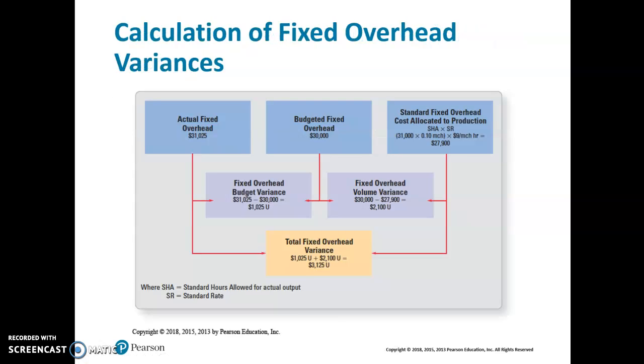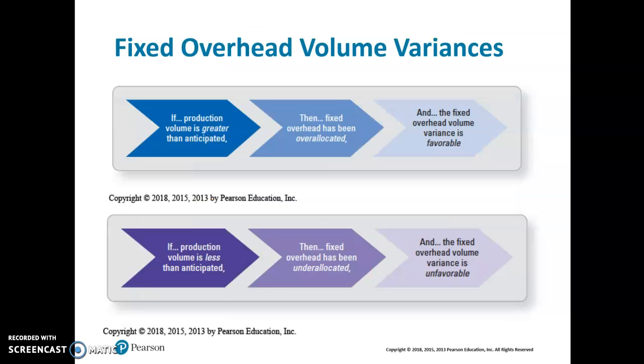Okay, this chart again summarizes where you are. And this is another good way to look at this: if the production volume is greater than you thought it was going to be, then fixed overhead has been overallocated, and the fixed overhead volume variance is favorable.